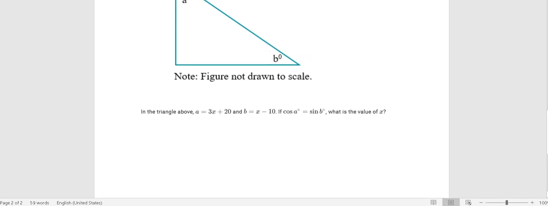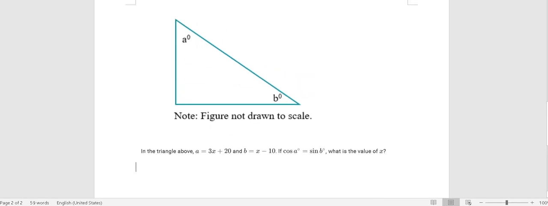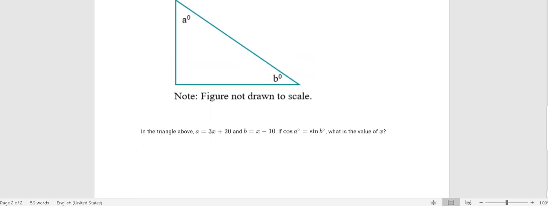Third question. In the triangle above, angle A equals 3x plus 20, and angle B equals x minus 10. If cosine of A is equal to sine of B, what is the value of x?